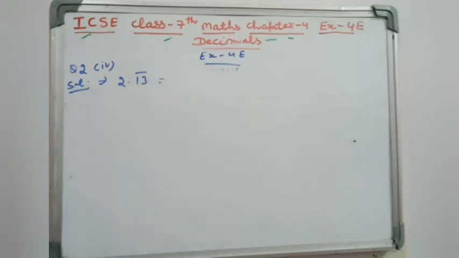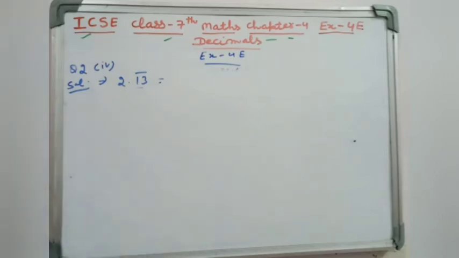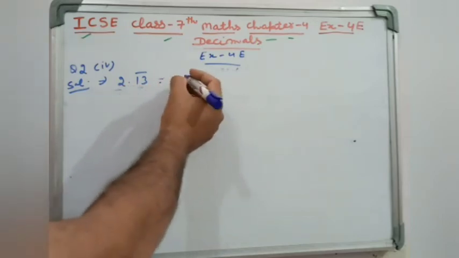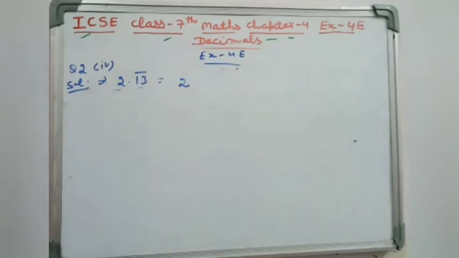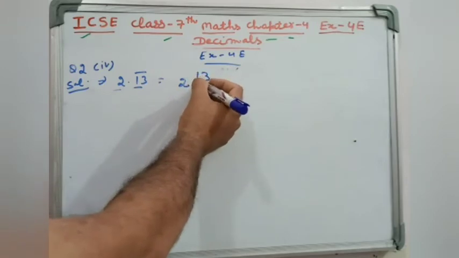In the shortcut method we write the digits only once in the numerator and take as many 9s in the denominator as the number of repeating digits. So the repeating digits are 2. Right? We will put the whole part of the fraction here and the decimal part here.